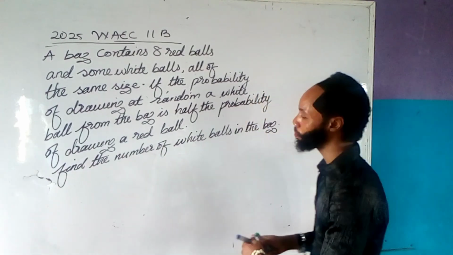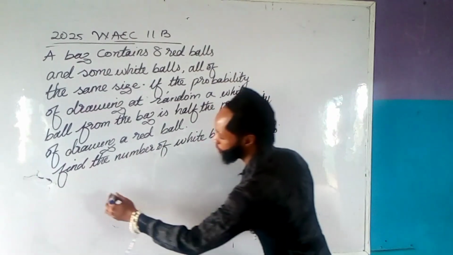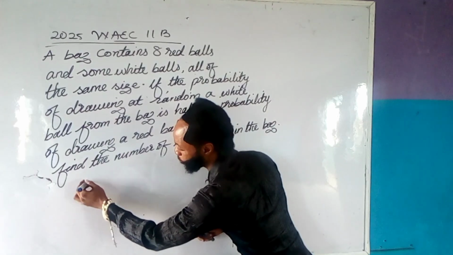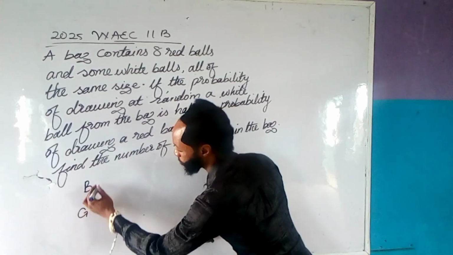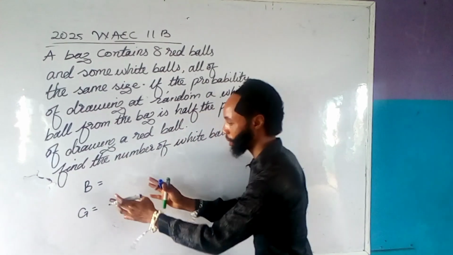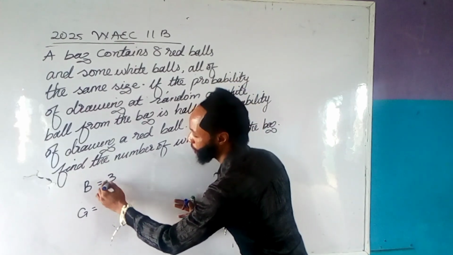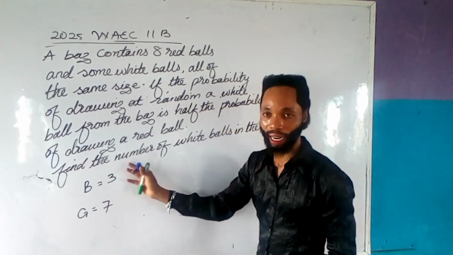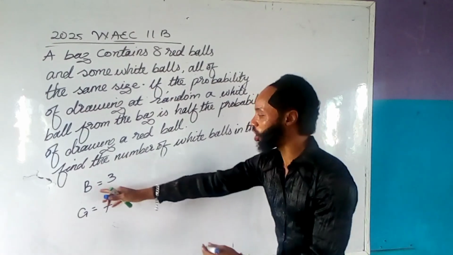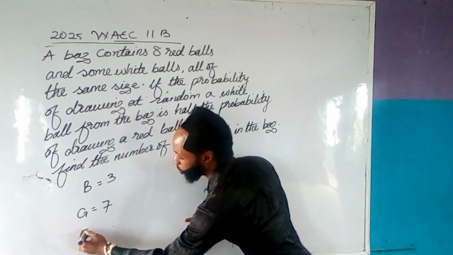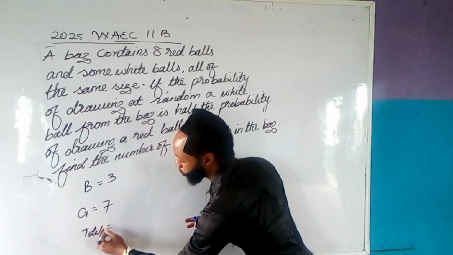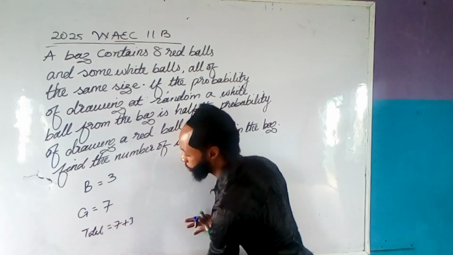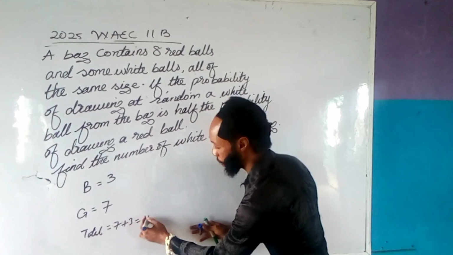Now, let me make an analogy. Let me use blue and green this time around, something outside this situation. If we have 3 blue balls and 7 green balls and they are identical, the total number of balls is 7 plus 3, which is 10.